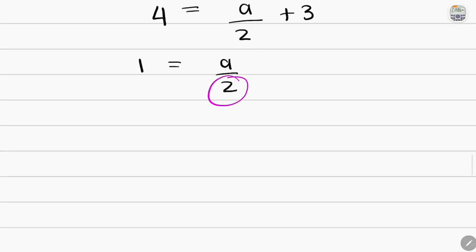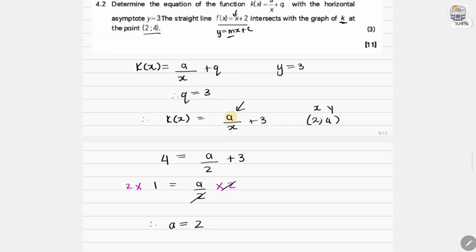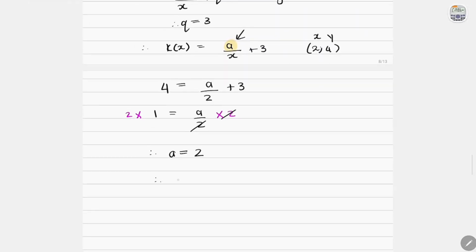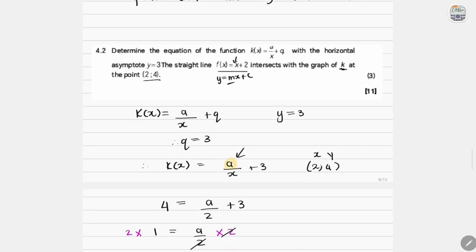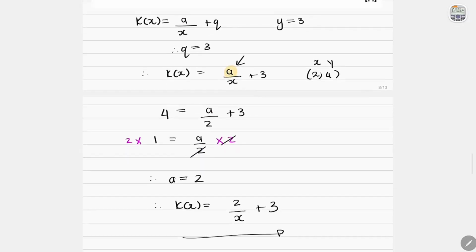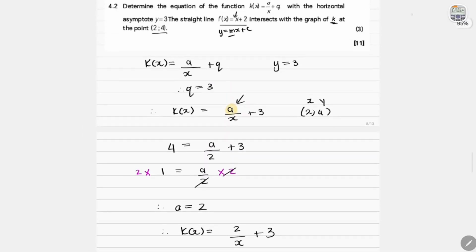We need to get rid of the 2. It's dividing, so multiply both sides by 2 to get rid of that 2. So finally that cancels, and a is equal to 2. Now we finally know the equation of k of x is 2 over x plus 3, and that is our answer. And that is it for question 4.2, and that is it for question 4.